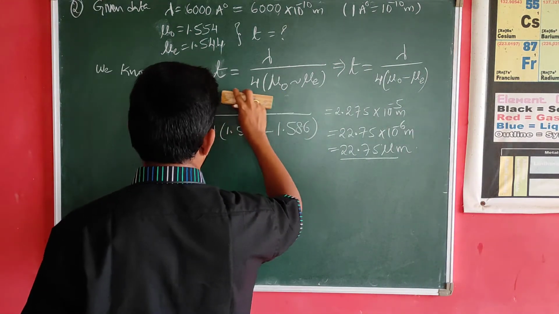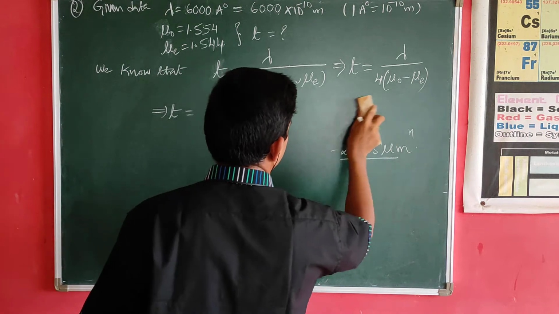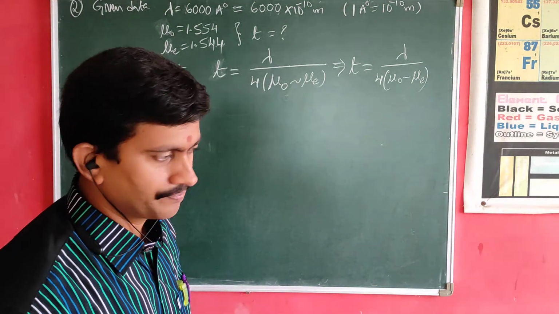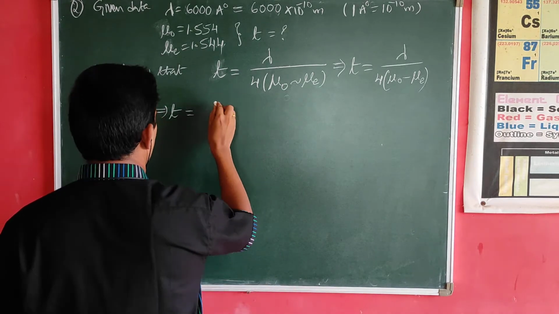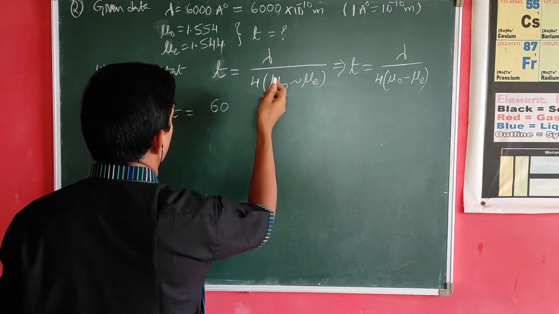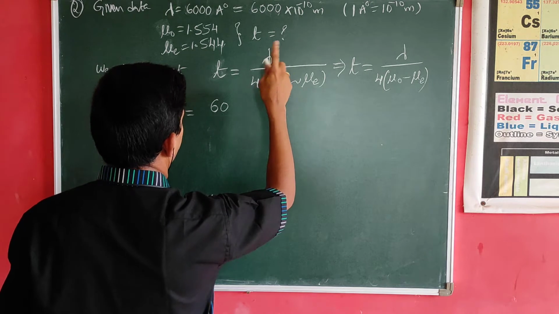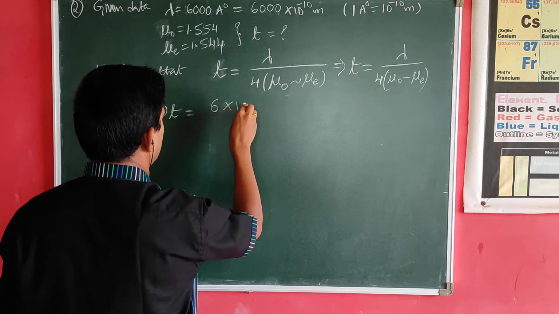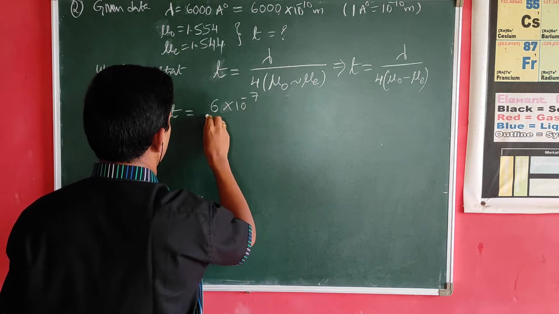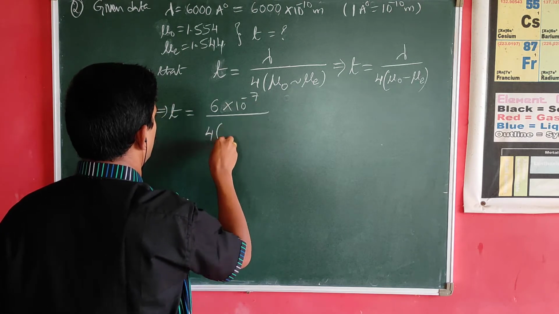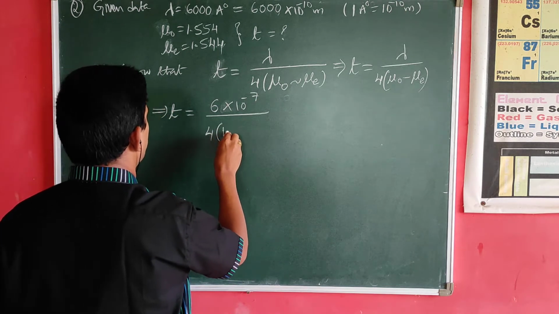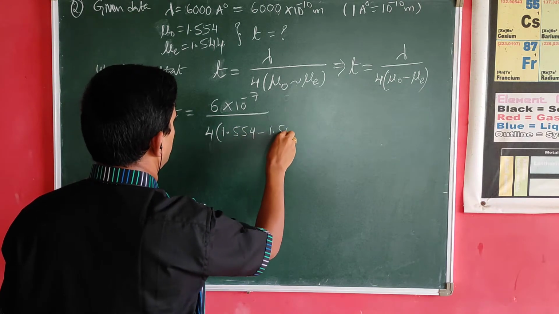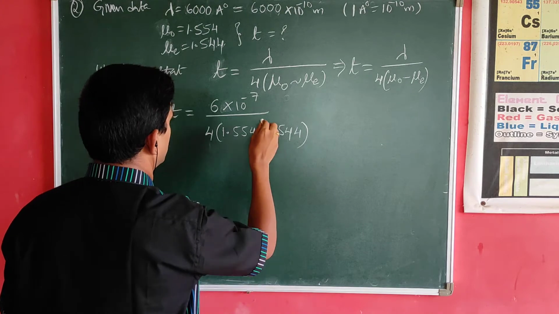Now substitute the values in the given formula. The values are 6000 into 10 power minus 10, or if you cancel the 3 zeros, then 6 into 10 power minus 7 meters divided by 4 into 1.554 minus 1.544.